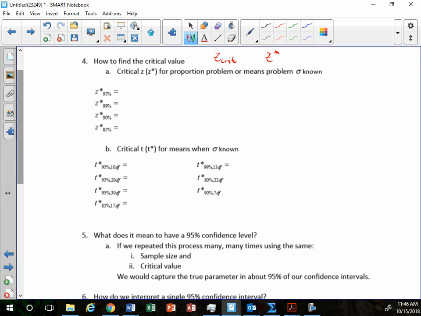So the first one here, if I'm looking at a critical z value for 95%, think about what that means. I'm talking about 95% of the values being in there.